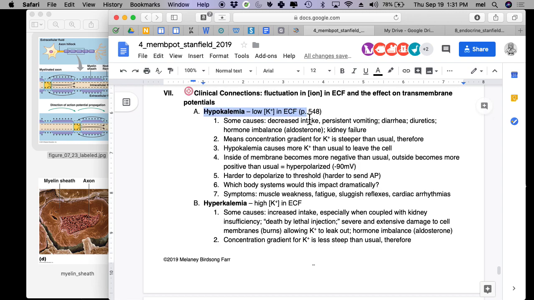Okay, so first thing is you need to understand how to read these. If it says hypokalemia, low potassium in the extracellular fluid, that's the problem. Everything listed after occurs because of that problem, right? So this is the issue, and these are the things that occur because of that problem. So let's talk about why it's called hypokalemia. First off, conceptually, where are you more likely to have ion imbalances, extracellular fluid or intracellular fluid?